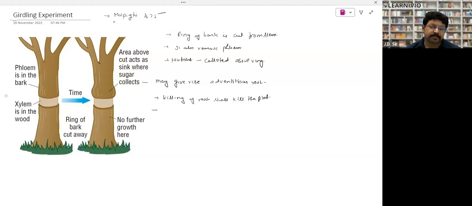This experiment clearly proves that phloem is directly involved in movement of organic food.